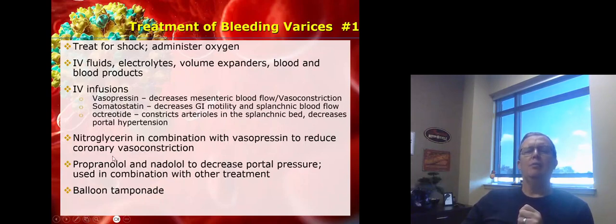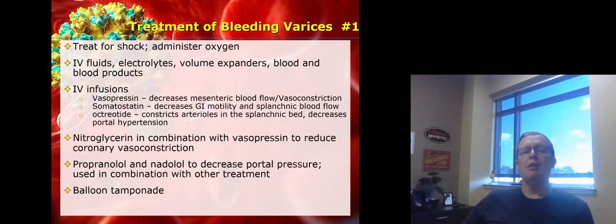It does reduce coronary vasoconstriction, but it also produces vasodilation, which can decrease that pressure. So it can help those vessels in the splanchnic bed dilate more, and in turn, by dilating more, decrease the pressure on the varix. You may also see beta blockers such as propranolol and nadolol to decrease portal pressure.